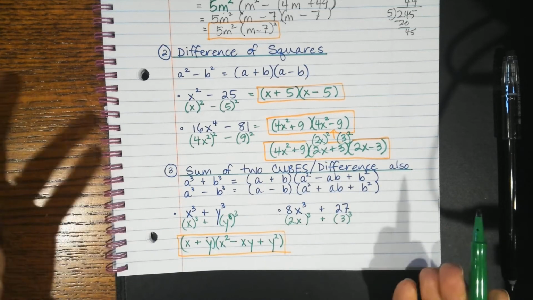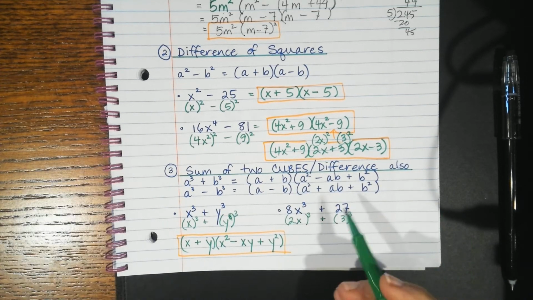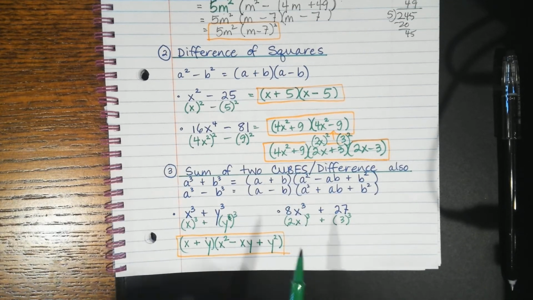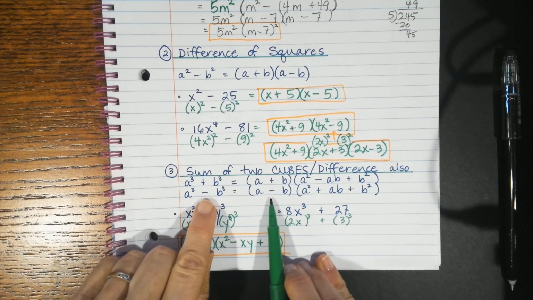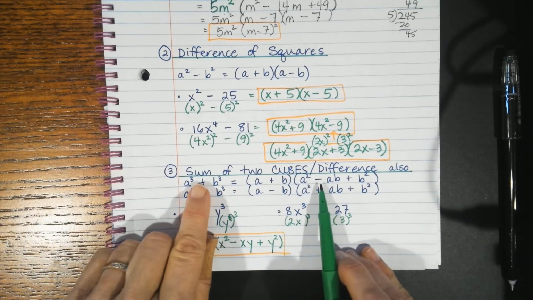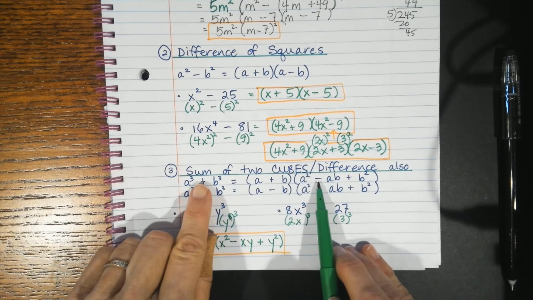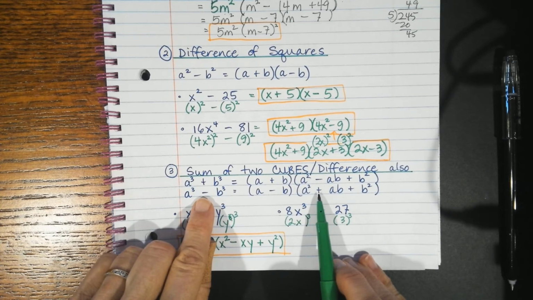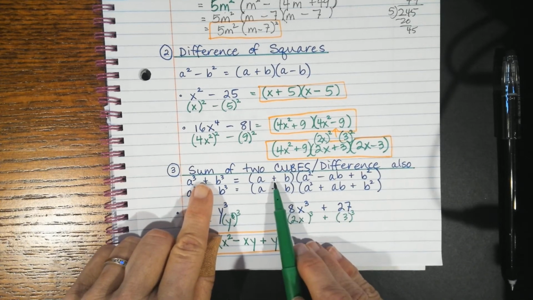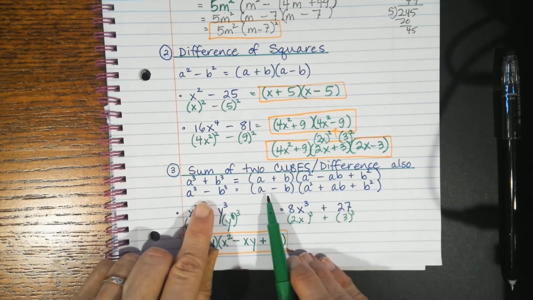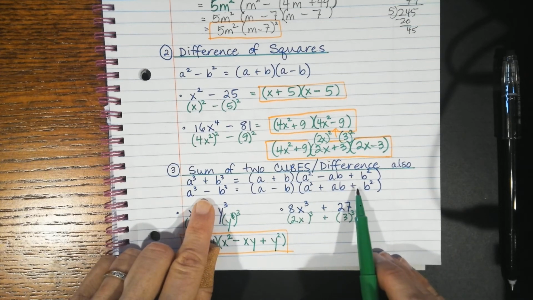And I did the plus twice, and maybe I should have done the minus, but you just follow exactly this pattern. It's the same in the a plus b, the same sign. If it's minus, it's the same sign. The next sign in between, they're opposite. And then at the end, it's the same again. So it's for the plus, minus, plus, and for the minus, it's minus, plus, plus.